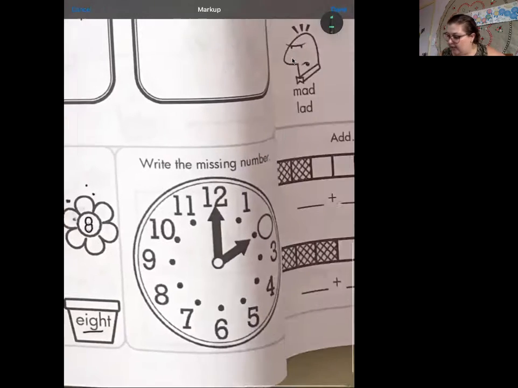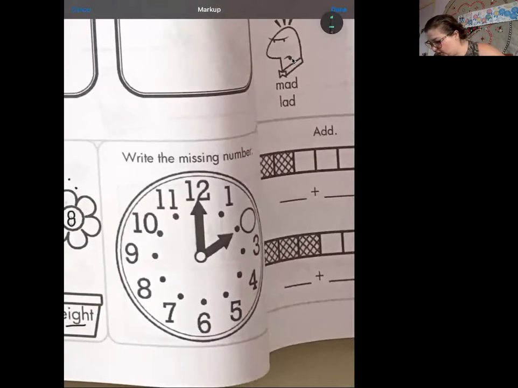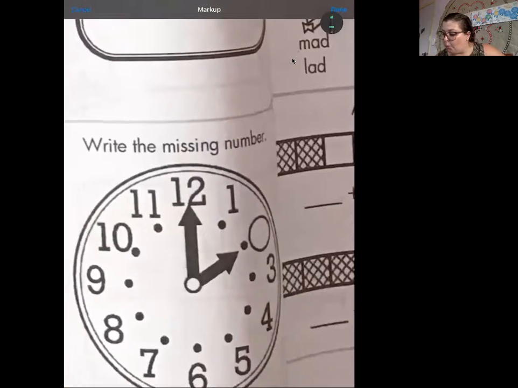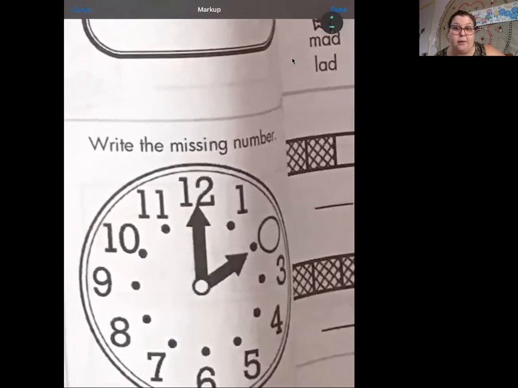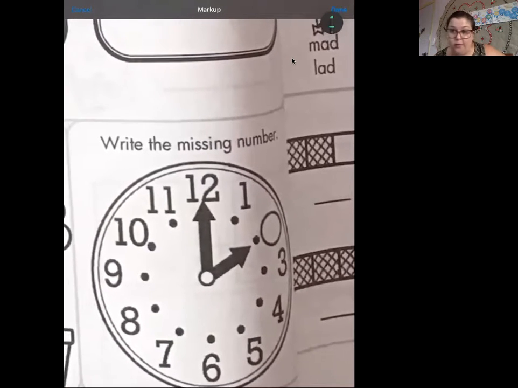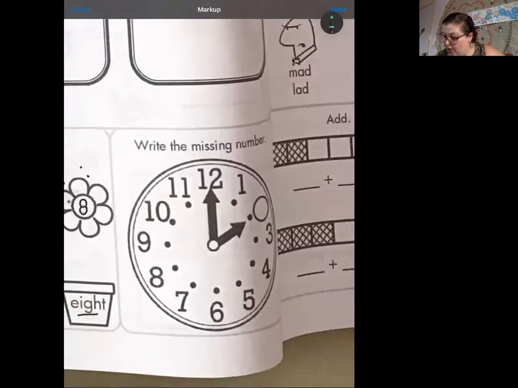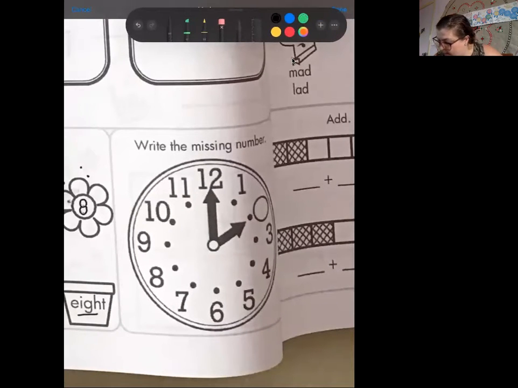And now we're getting to the clock. Tick tock, tick tock. The clock, right? It says, write the missing number. Pon el número que no está. So let's start and let's examine. Now remember, I'm gonna write something, you don't have to write this.